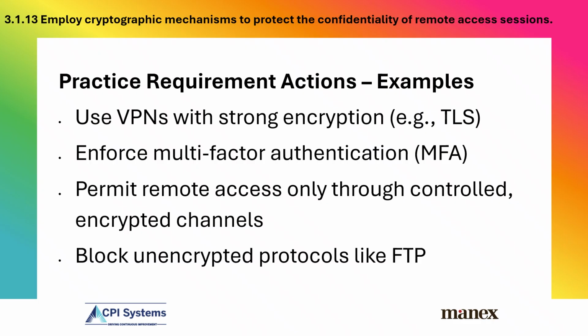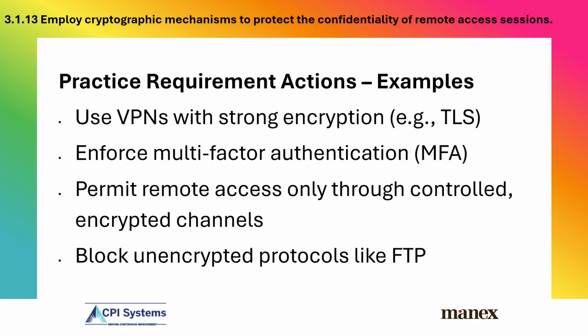Actions for this requirement: use virtual private networks with strong encryption, like Transport Layer Security, TLS. Enforce MFA, or multi-factor authentication. Permit remote access only through controlled encrypted channels. And block unencrypted protocols like Telnet or FTP.